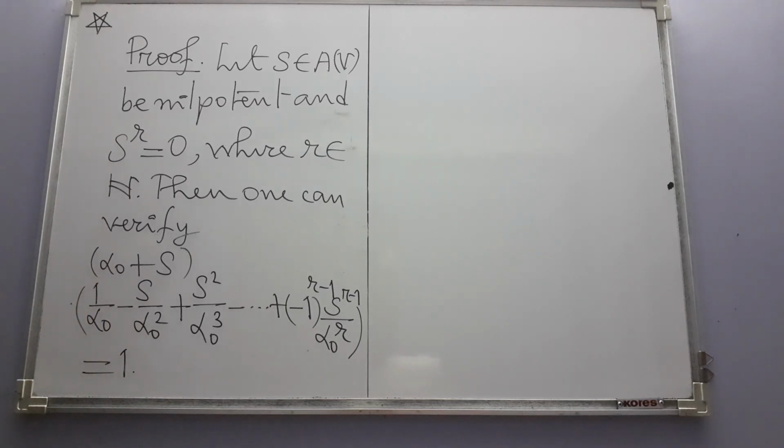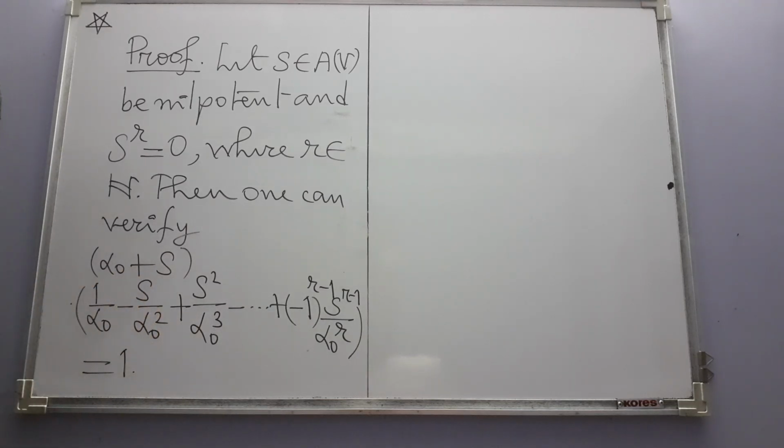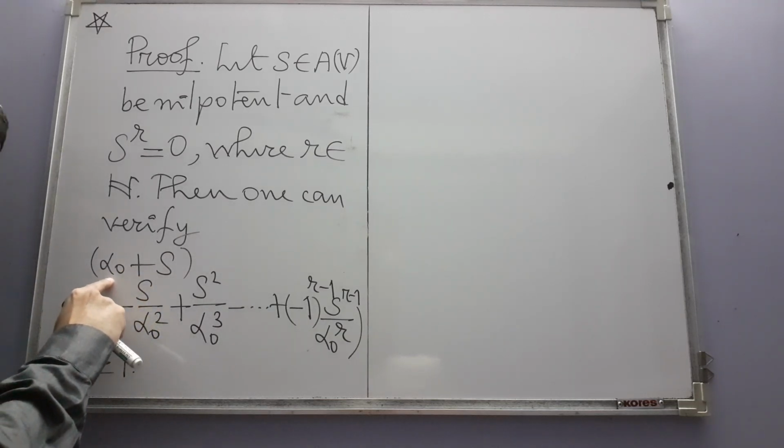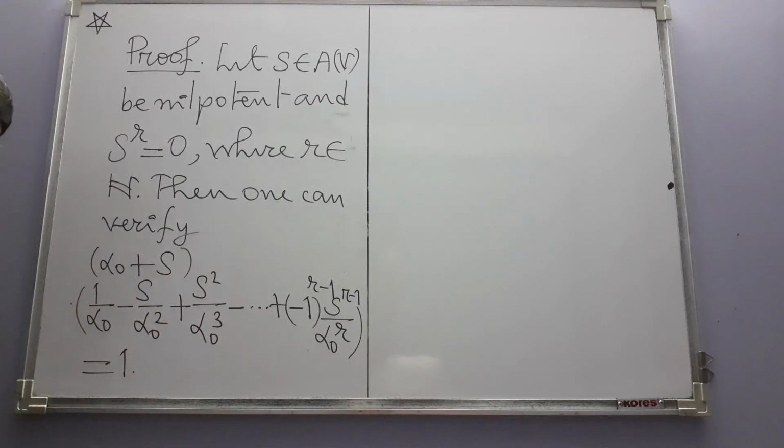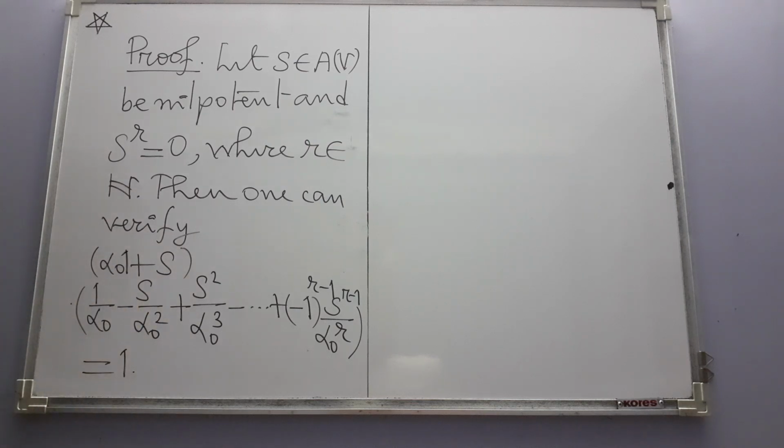Oh, and one more thing. Do not forget that when we write alpha naught plus s, it has its own meaning. Can you add a scalar and an operator? No. You can only add two operators. Alpha naught is the short way of writing alpha naught 1. Okay, for that matter, this is also 1 over alpha naught 1.